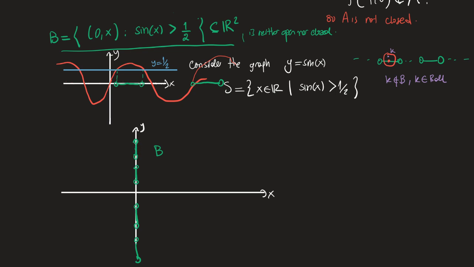They go to infinity, but they lie on the y axis. As you can see, the x coordinates are always 0, but the y values correspond to the points in the set S. As I already explained, it is neither open nor closed.